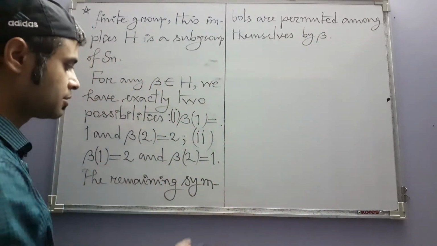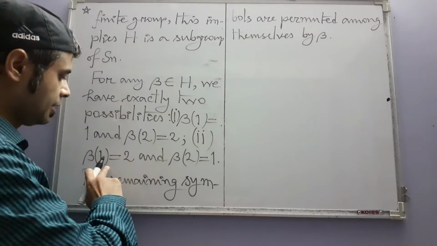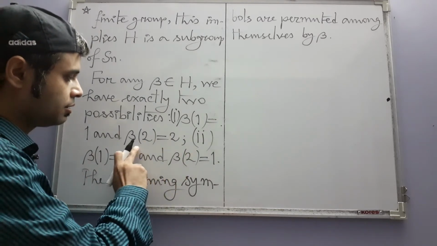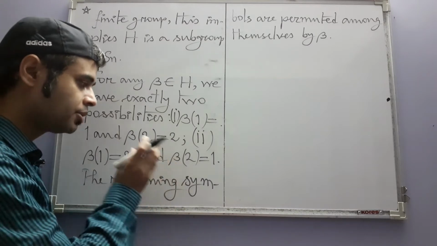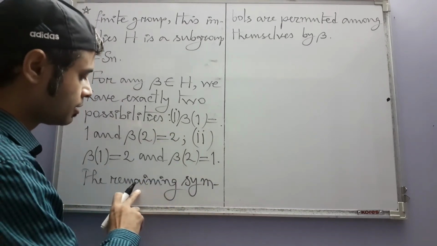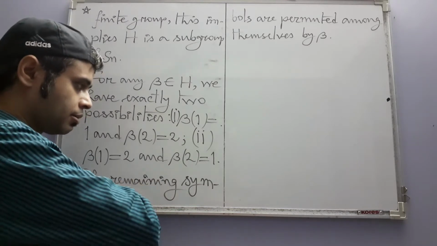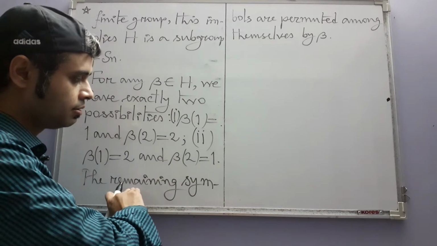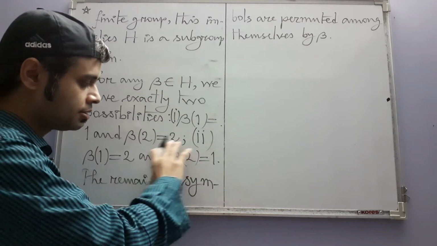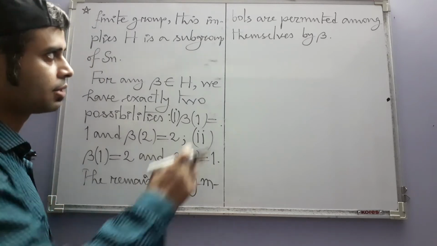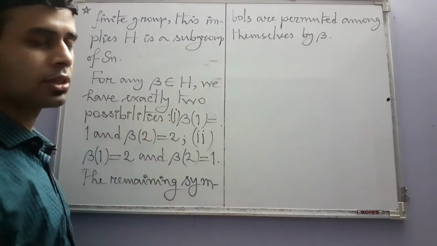And why among themselves? Because the effect of beta on 1 and 2 already keeps that effect trapped within this region that has 1 and 2, and whatever is happening on the other part of the set of symbols is independent of whatever is happening with 1 and 2. So that's why they are permuted among themselves by beta.